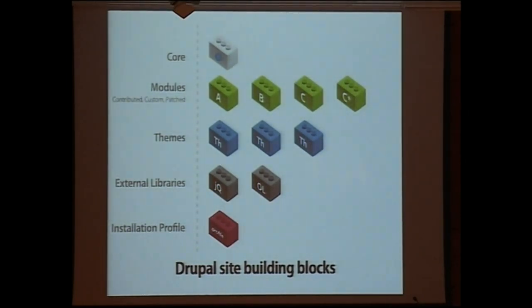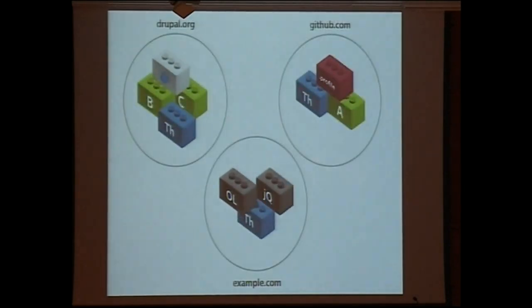You have themes, external libraries, and you have your installation profile. All of these together build a Drupal site, but they do not come from the same place. You have a lot of stuff coming from Drupal.org, but you might have stuff that lives on GitHub or that lives on your private server.